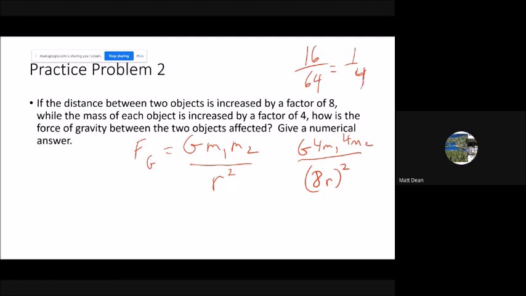What I'm hoping you see is that you shouldn't say the force of gravity was decreased by 1/4. That's not the answer. The new force of gravity is 1/4 of the original force of gravity. So my answer would be: the new force of gravity after the changes is equal to 1/4 of the original force of gravity between the 2 objects.